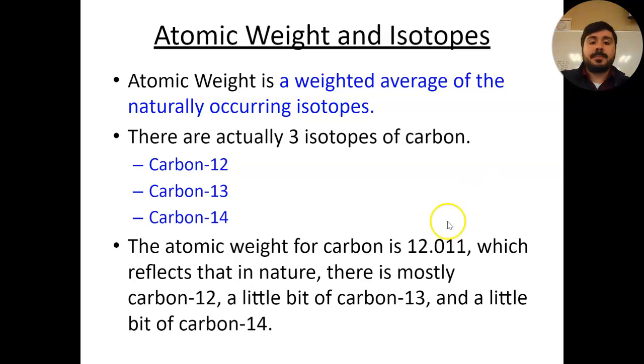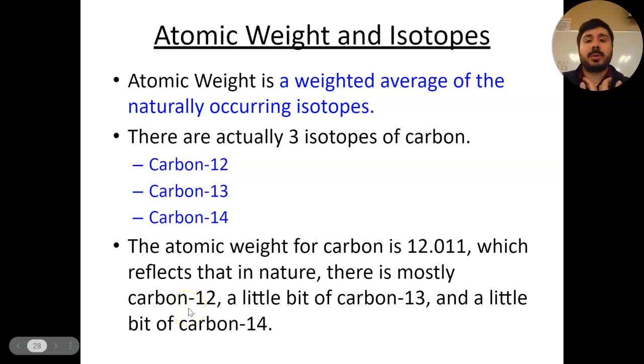The atomic weight is based on the naturally occurring weighted average of all of the isotopes here. So on our planet Earth, you've got a different average of carbon-12, carbon-13, and carbon-14. We have a ton of carbon-12. Carbon-12 is very, very naturally abundant.